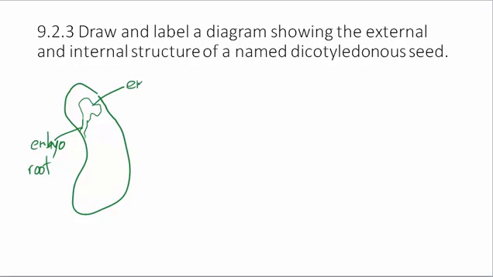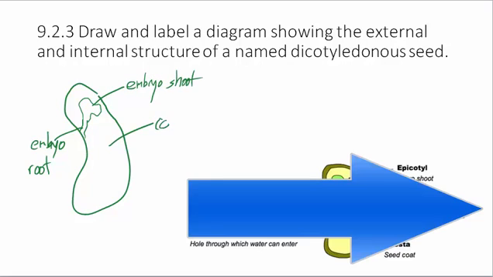Is the embryo shoot. There's the cotyledon, which is the food store. There's the testa or seed coat.